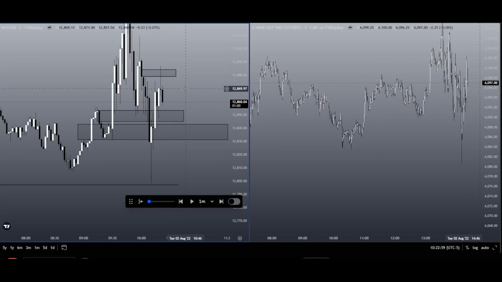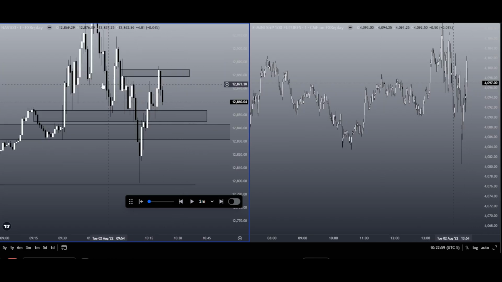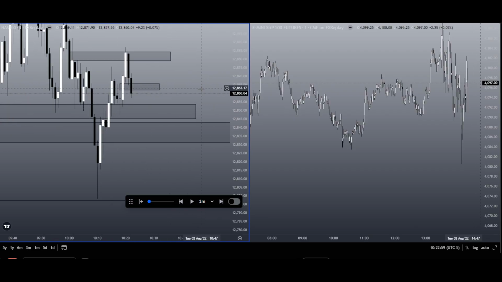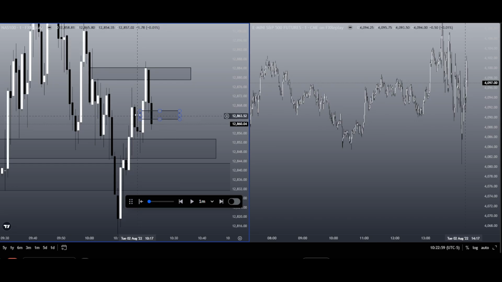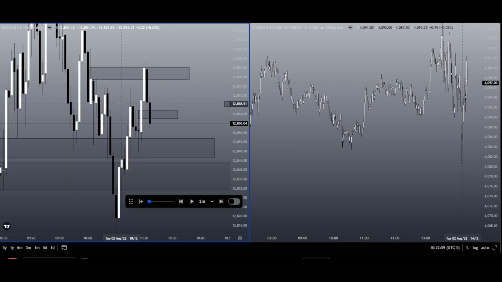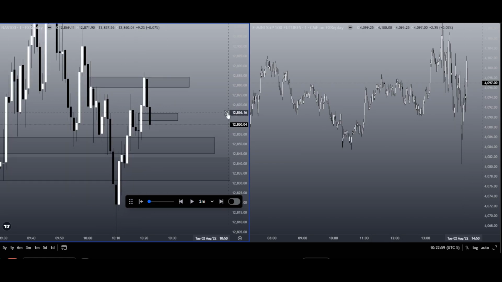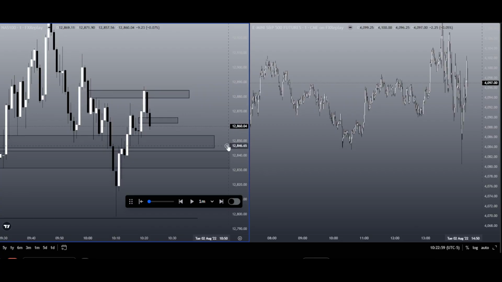My bread and butter setup is unmitigated 15 minutes. Trading to unmitigated 15 minutes, not 5 minutes, not 30 minutes, not hourly. Especially on trend days, when we hit a reversal spot and we even unmitigated 15, it's such a good draw. I always see this work.